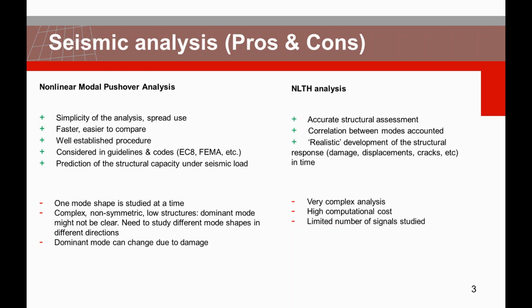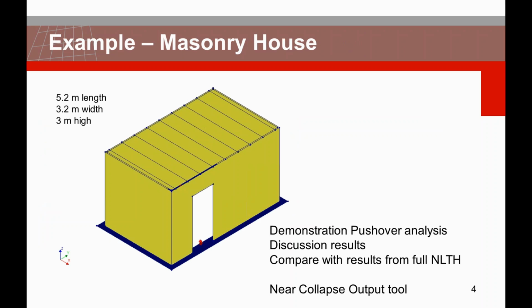So with this, I introduce the example that I'm going to model. It is a small house, 5.2 meters length, 3.2 meters width, 3 meters high. It has a foundation on grade, masonry walls, and a timber roof.